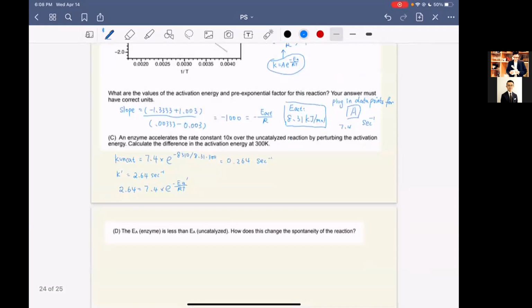For question d, you'll see that the new EA is going to be less than the previous activation energy. How does this change the spontaneity of the reaction? It's probably not going to change it, because the activation energy is related to kinetics, and an enzyme does not change whether a reaction is spontaneous or not.